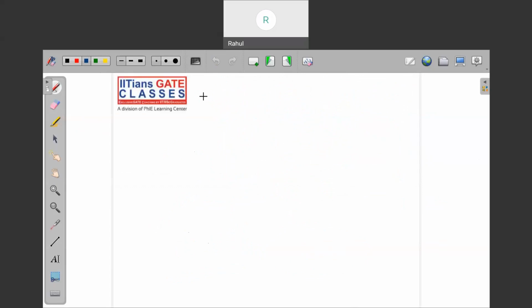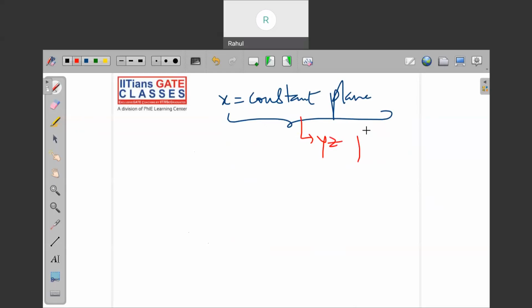If x equals constant, what is the meaning of that? Which plane are we talking about? I'm talking about the yz plane. In the yz plane, y is changing like this and z is changing like this, so this is a plane basically.